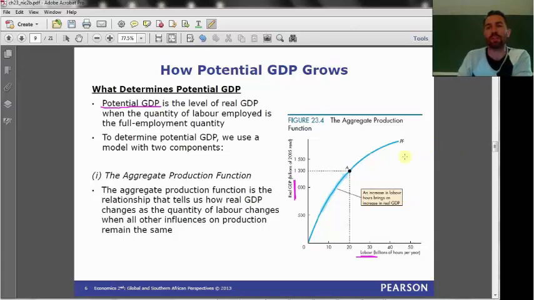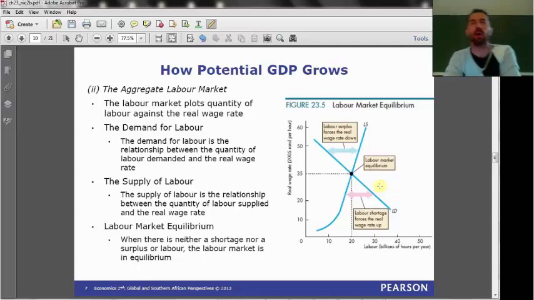So our production function is increasing at a decreasing rate. How do we know how much labor will be used in our production? In other words, what level of labor will be the input into our production function? Well, that is determined by our aggregate labor market.